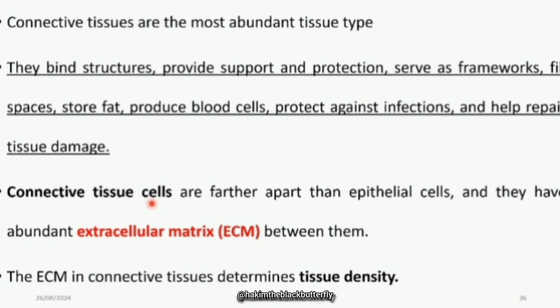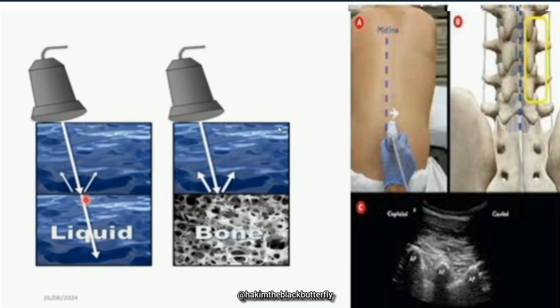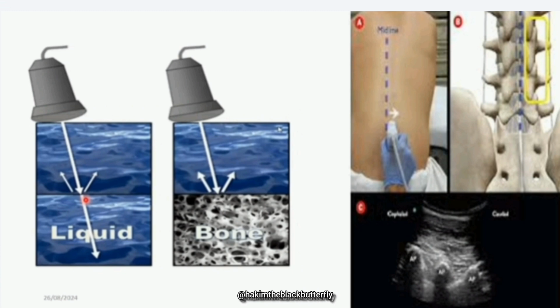Why? Because if there is a dense part of the body, these beams are not going to easily go through. But if there is just a simple medium, let's say blood, or any kind of fluid, these beams can easily go through, and you can easily see structures beneath those parts of the body with fluid.